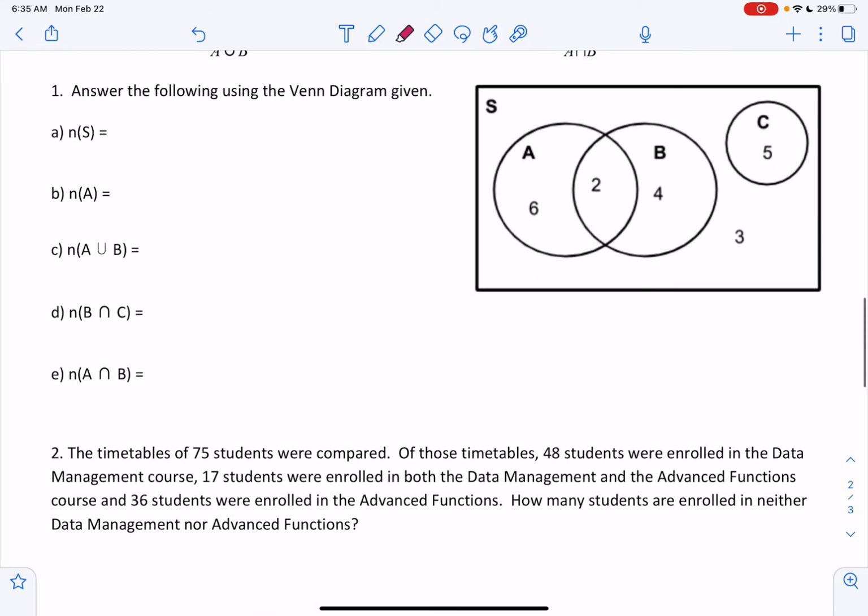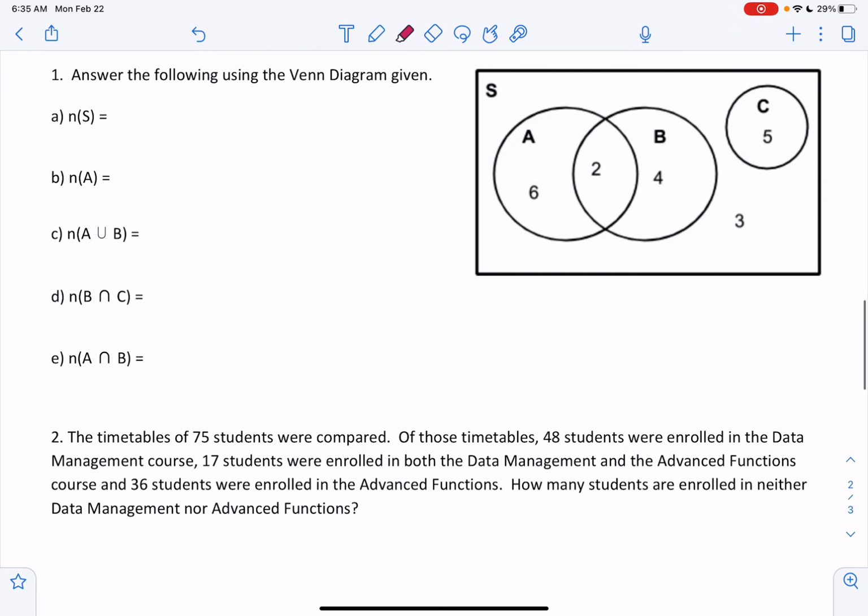Now, the easiest way to really understand this is to start doing some examples. So, we're going to answer the following. Now to start, we want to find the number of elements in S. This means the total number of elements in the universal set S. So how many elements total are in this diagram?